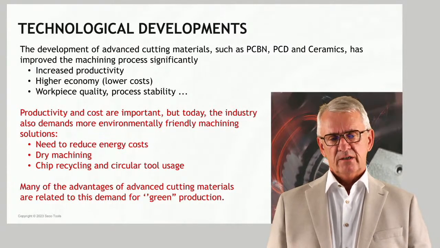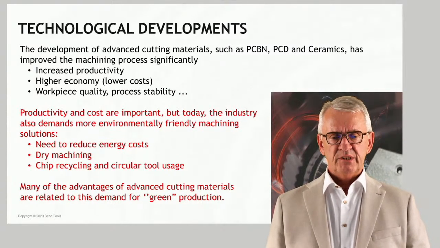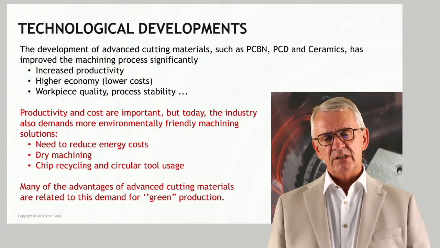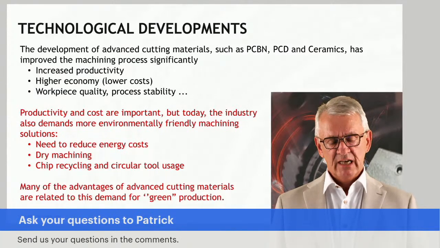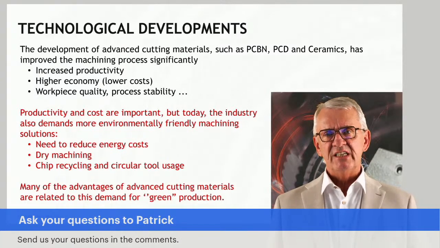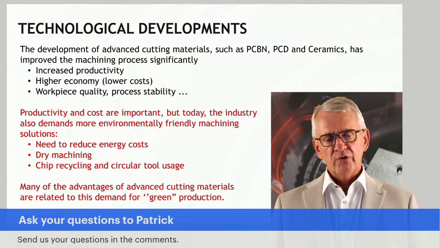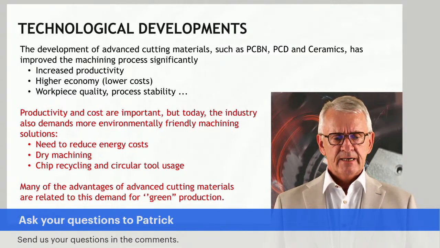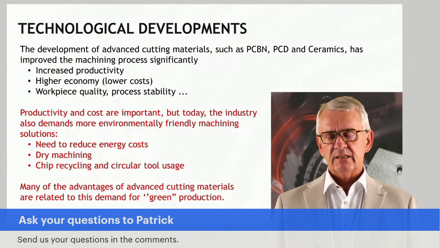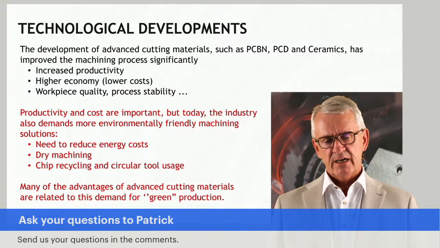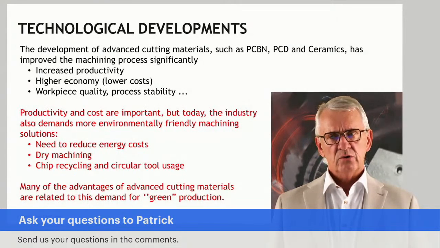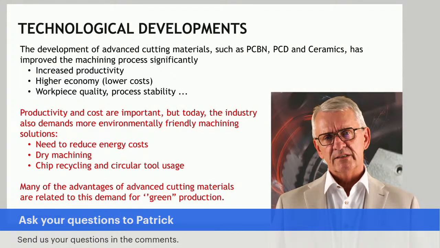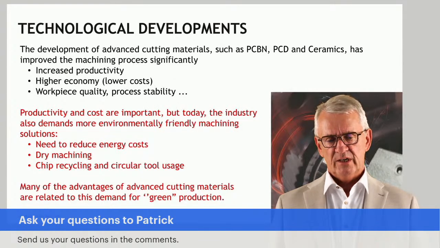Advanced cutting materials like PCBN materials, PCD materials, ceramics has to be seen in that context. Of course, productivity and cost efficiency are important, and that is that quest for higher cutting conditions. But it's also the environmental things, the green machining that plays a very important role in this development.